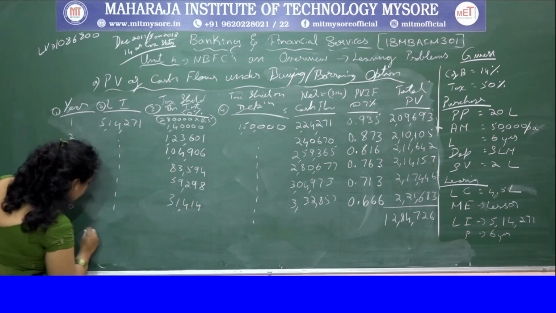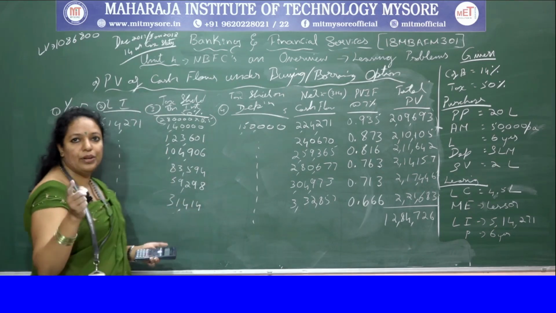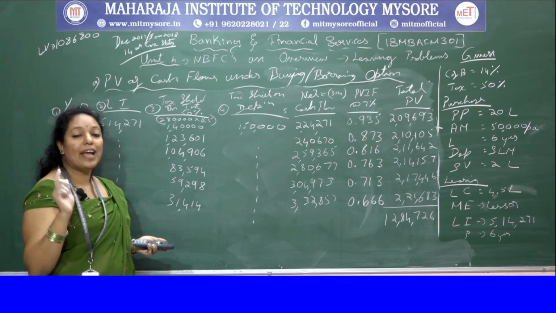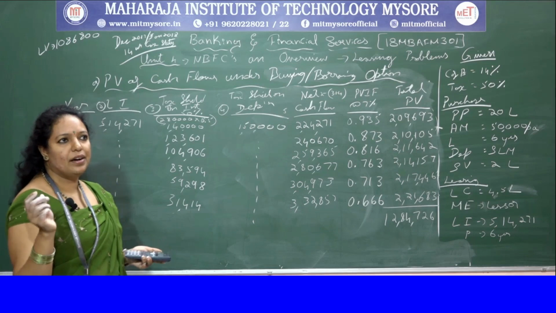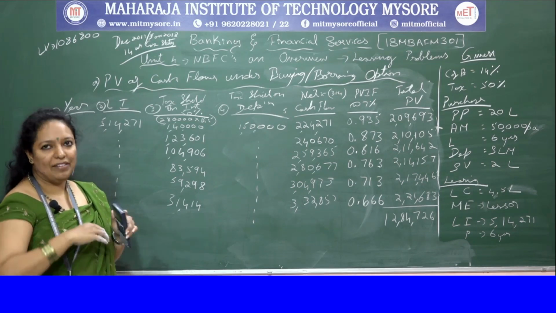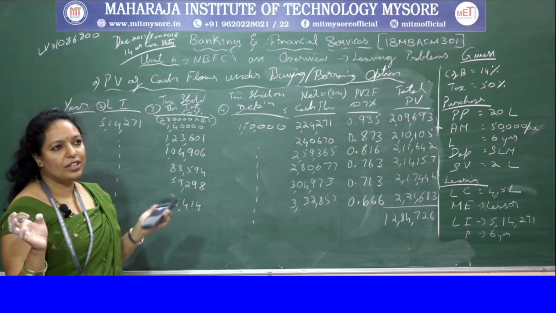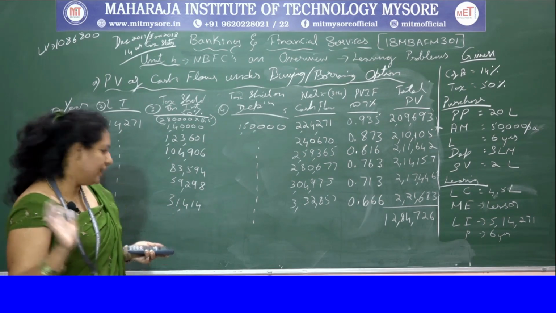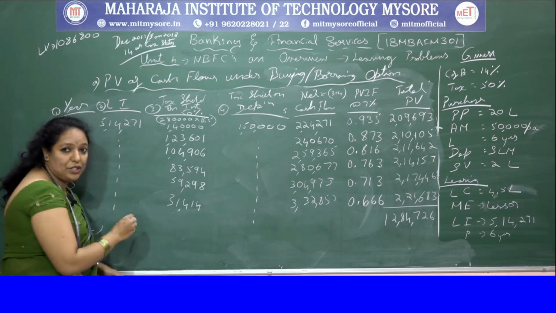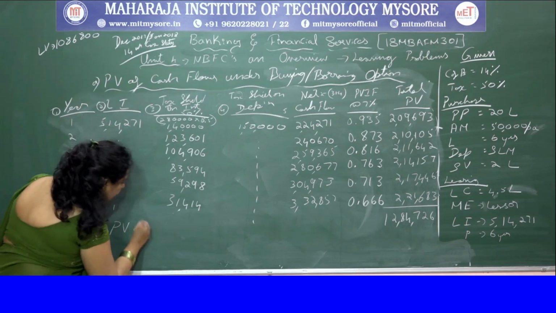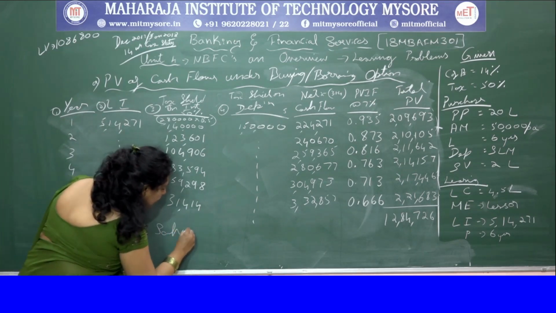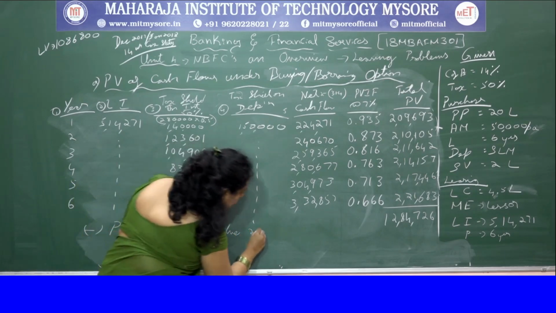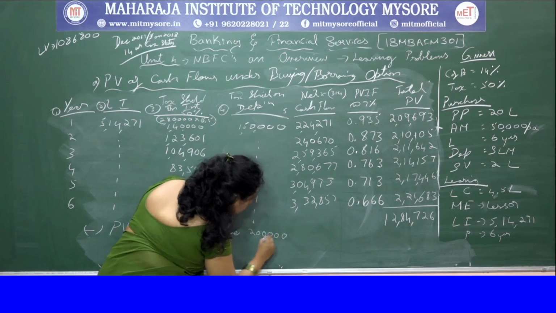But one thing to remember: normally we were accounting for salvage value and capital gains. As this is the straight line method, we have equally distributed the depreciation. We don't have any book value, so no capital gains; you'll get only salvage value. The salvage value is 2 lakhs.